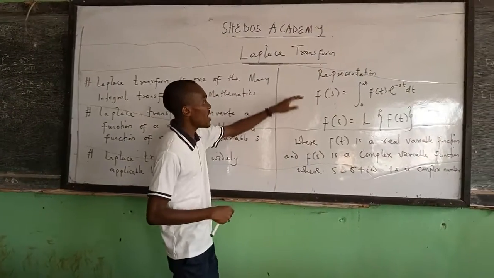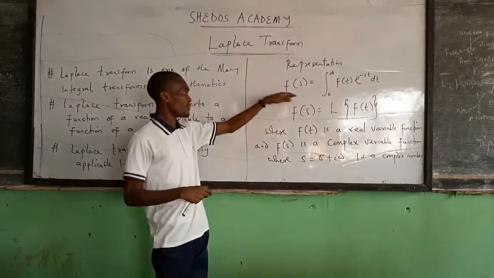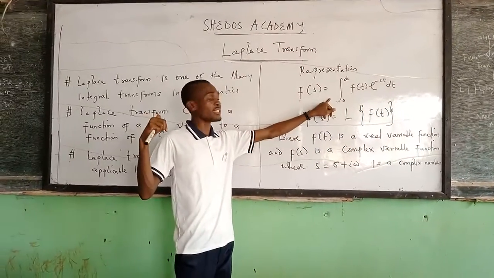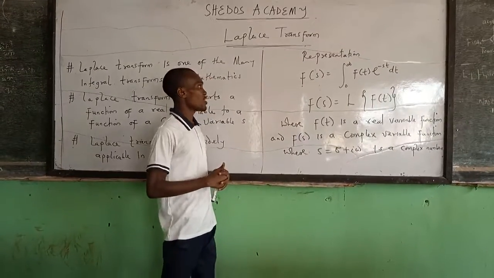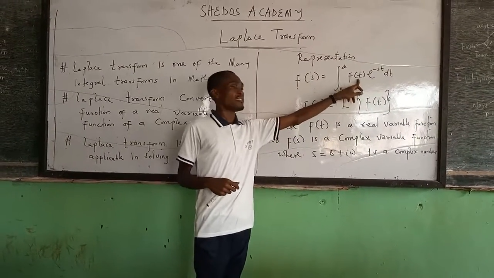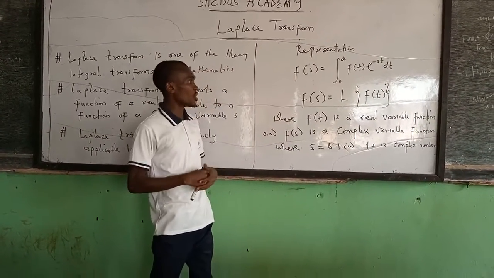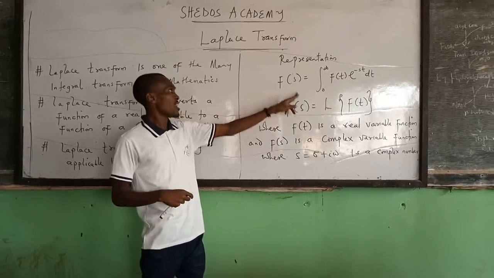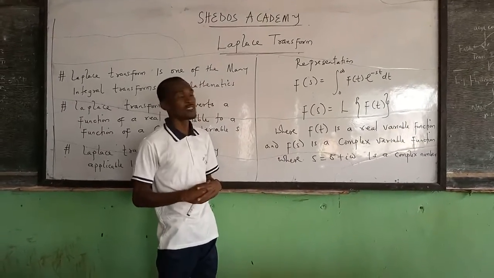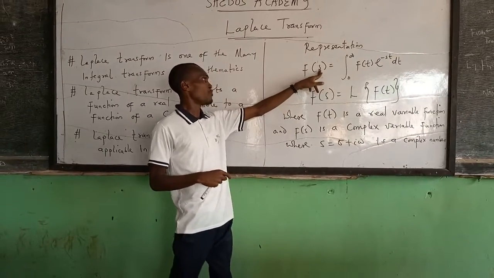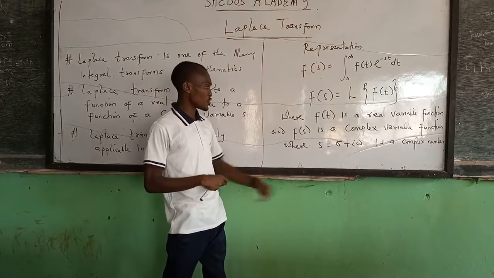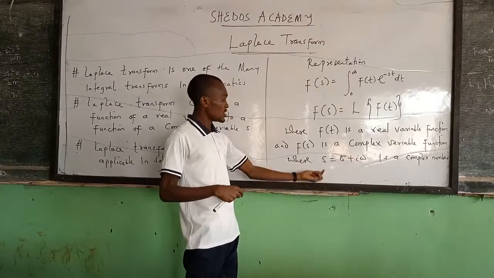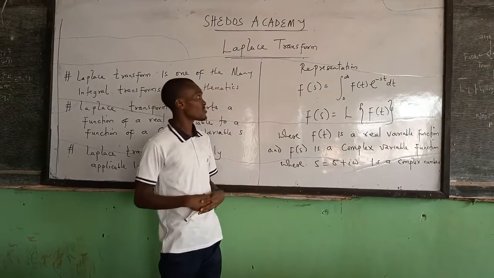And as we have here, this is the representation. The Laplace transform is simply an integral, and as we earlier said, it's an integral transform. This f(t) is our function in real variable t, and then F(s) is our complex function in complex variable s, where s is a complex number which is defined as this.